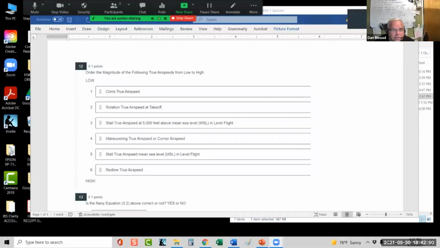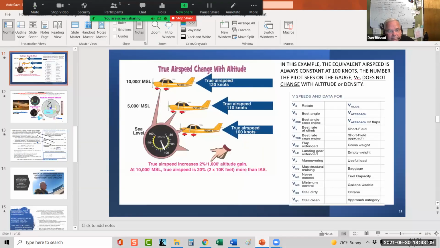And so you've got our stall speed at 5,000. Now the question is, what's the relation between the stall speed at 5,000 feet and rotation speed? Okay. Well, if you look at the chart here, at 5,000 feet your stall airspeed is going to go up 10% by this rule of thumb. Can you see this chart that I've got here? Yeah.